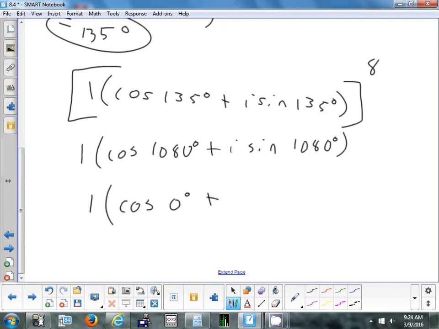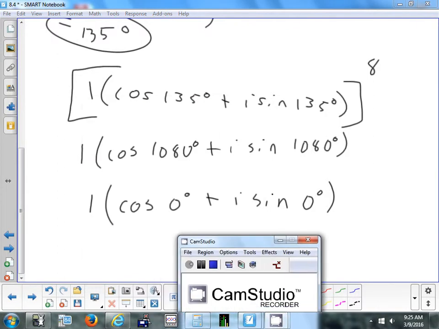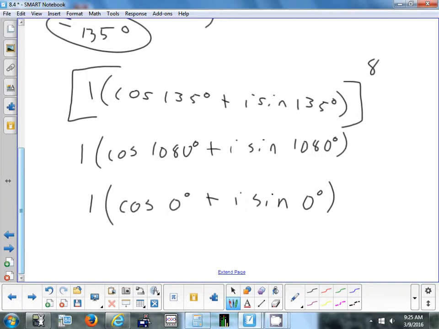Cosine 0 plus I sine 0. And 0 is a multiple of 90. So we're going to get very nice answers if we change it. Okay. Does anybody remember cosine of 0? All right. So yeah, Upi just told us that the cosine of 0 is 1. Does anybody remember the sine of 0? 0.